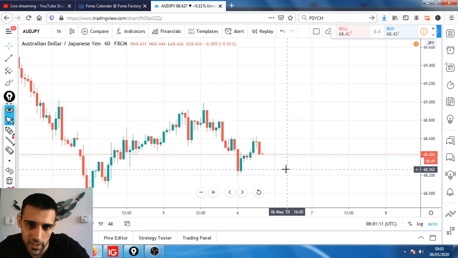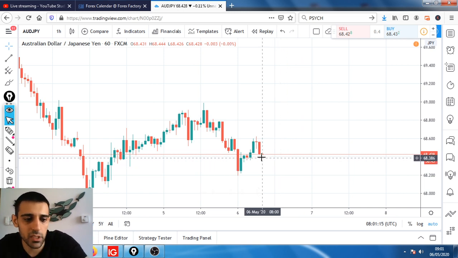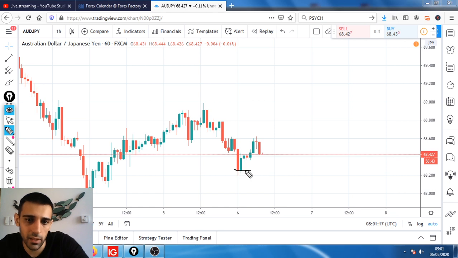So when the price comes down to this level at 68.25, down to this low, I do want to see a nice close down to this level. If it takes out this low, it's fine as well, but I do want to see a strong bearish close with a full body or a tiny little tail.